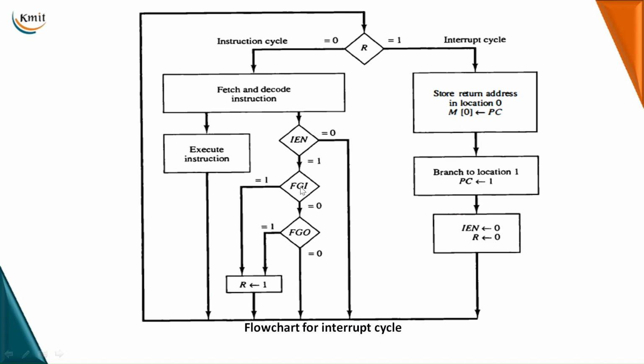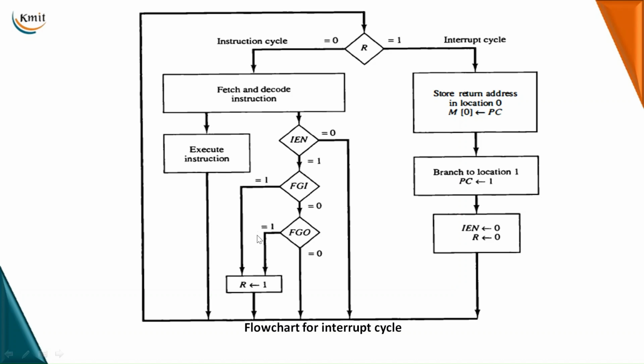If the interrupt enable is set to 1, then there is a possibility that there might be an interrupt from an input device or from an output device. So when IEN is equal to 1, it first checks the FGI flag. If the FGI flag is set to 1, it means that there is an interrupt from the input device. If the FGI flag is 0, which means there is no interrupt, then it keeps checking the FGO, the output device flag.